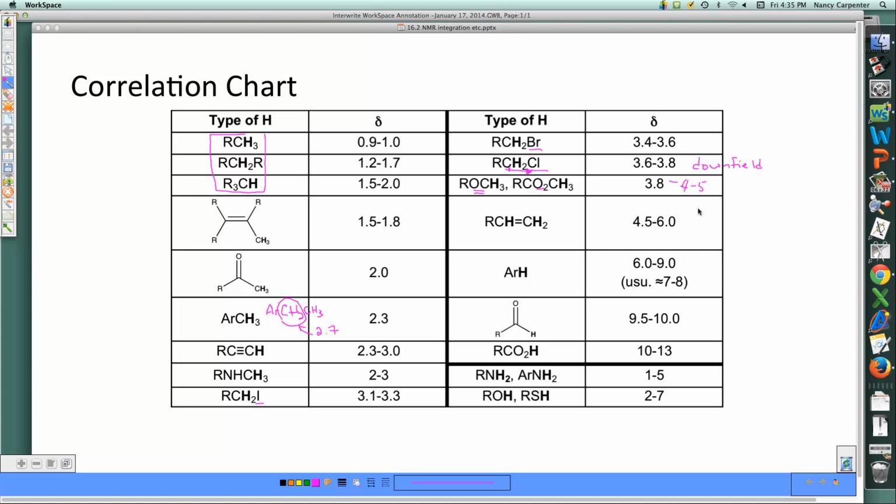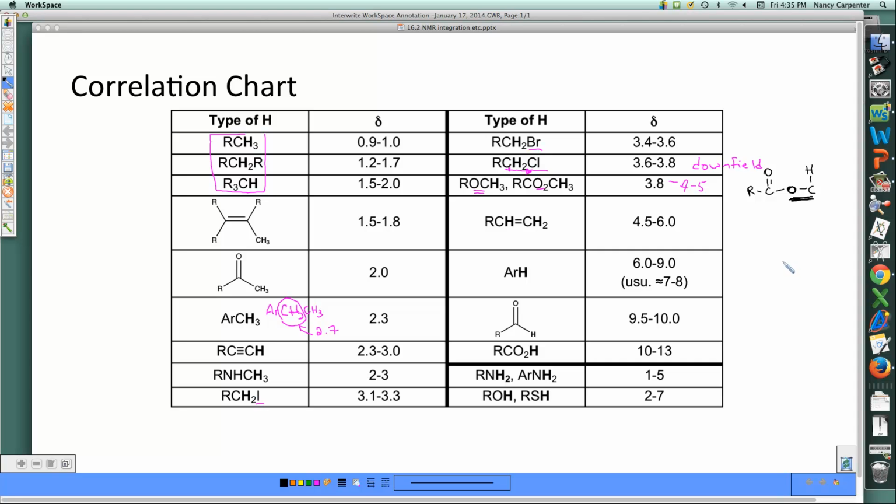Okay, and when we're talking about these guys here, notice that we're talking about the carbon bearing the hydrogen directly attached to an oxygen.